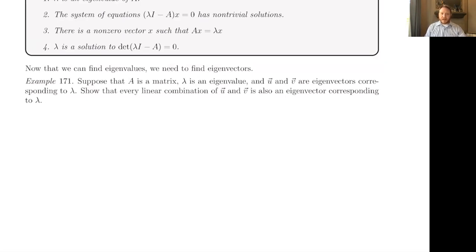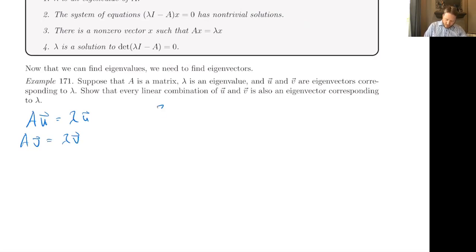Show that every linear combination of U and V is also an eigenvector corresponding to lambda. So what I know is that AU is equal to lambda U, and I know that AV is equal to lambda V.